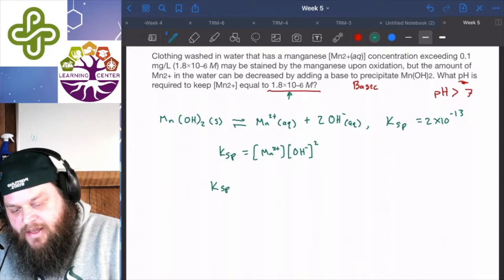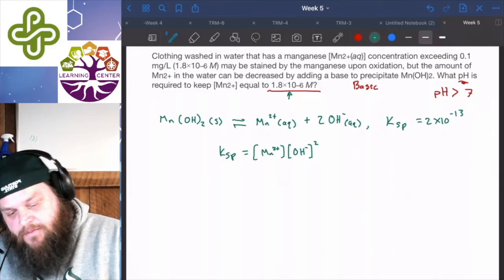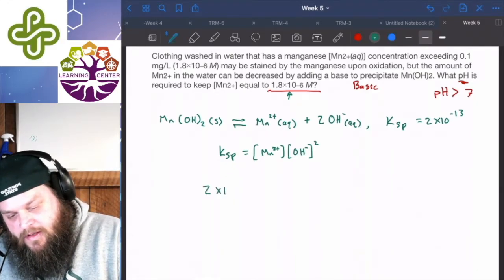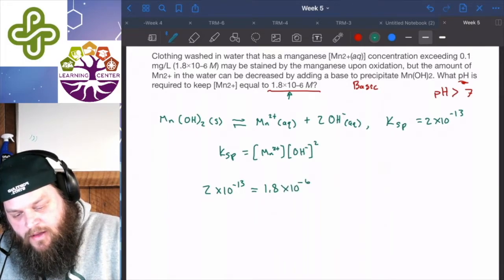So I can say Ksp is equal, and I know what the Ksp is as well, so let's just write that in right now. That's 2 times 10 to the negative 13 is going to be equal to 1.8 times 10 to the negative 6 times the concentration of hydroxide squared.